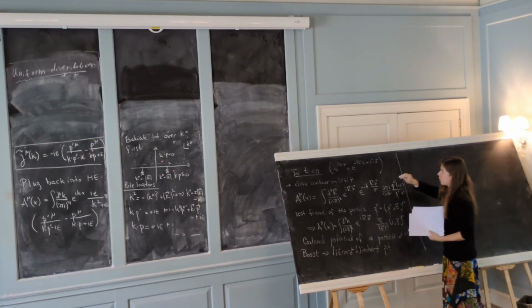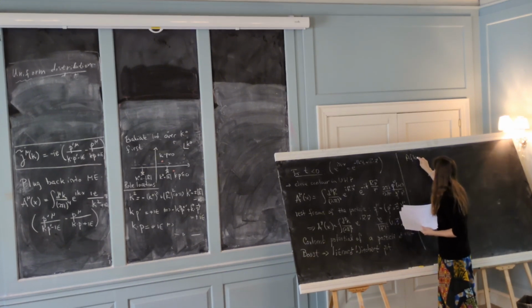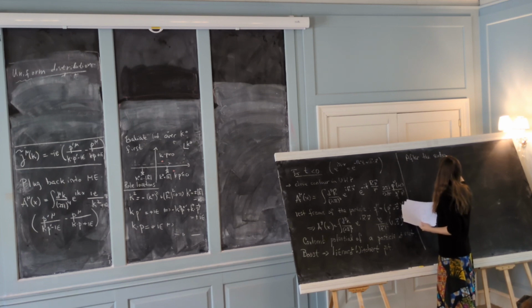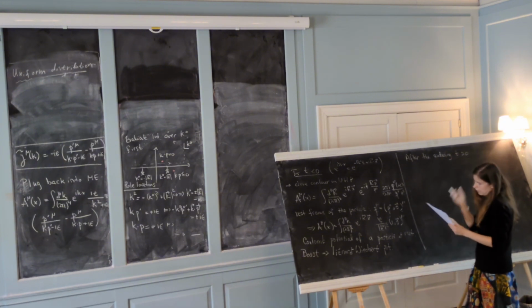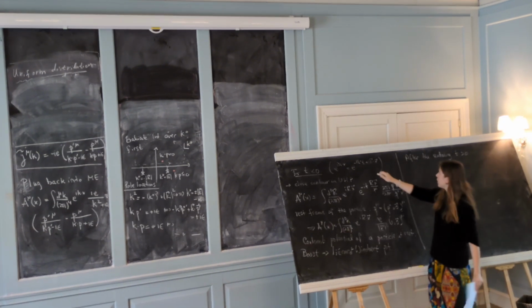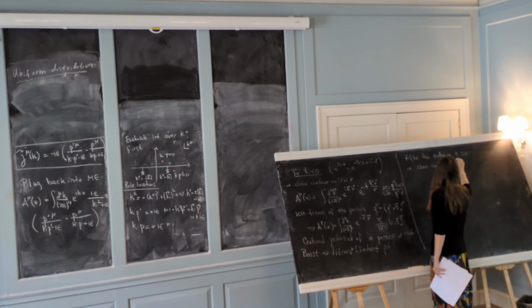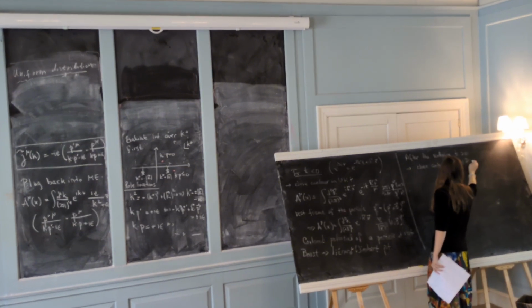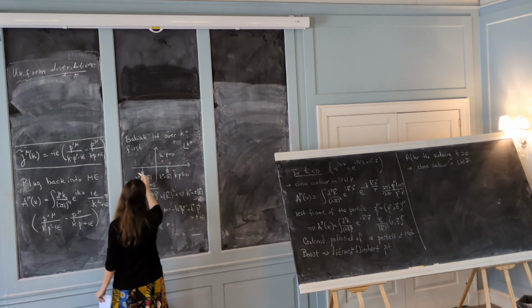Now, this was before the scattering. What about after the scattering? So t greater than 0. Here, by the same logic, we now need to close in the lower half plane. And now we have 3 poles that we pick up.